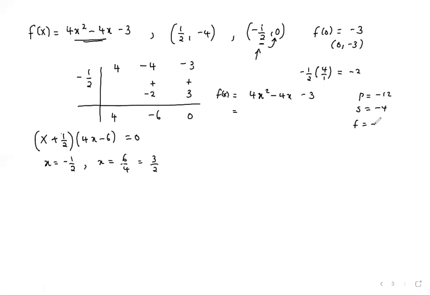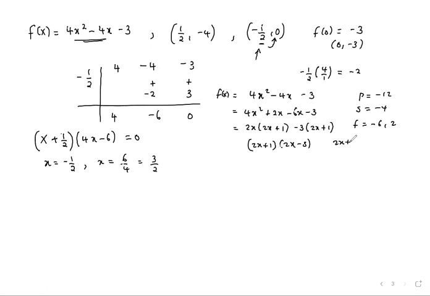Factors are negative 6 and 2. So you have 4x squared plus 2x minus 6x minus 3. Then 2x, you have 2x plus 1. Then negative 3, you have 2x plus 1. So you get 2x plus 1 and also 2x minus 3.